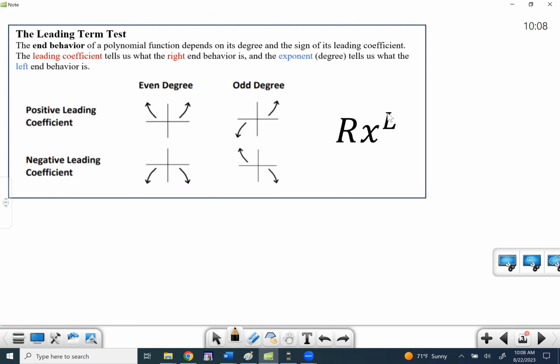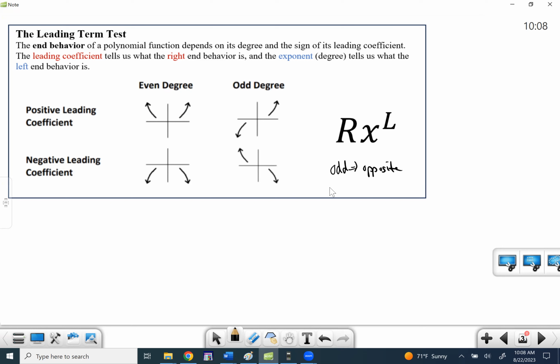I always tell people if it's odd, it's almost like the two O words were meant to go together, then the left will do the opposite. So you can see here, for odd degrees, whatever the right is doing, the left is doing the opposite. The right is going up, the left is going down. The right is going down, the left is going up. So odd, opposite.